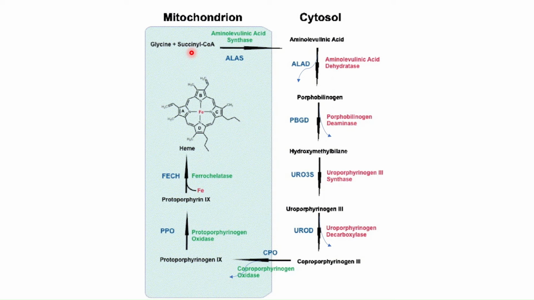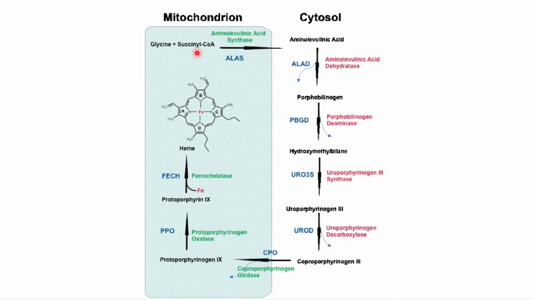Because succinyl coenzyme A is an intermediate of the Krebs cycle and it is helping in the formation of heme, this shows the anabolic role of the TCA cycle. The TCA cycle has both anabolic as well as catabolic roles. Here we are seeing the anabolic role in heme synthesis by succinyl coenzyme A.